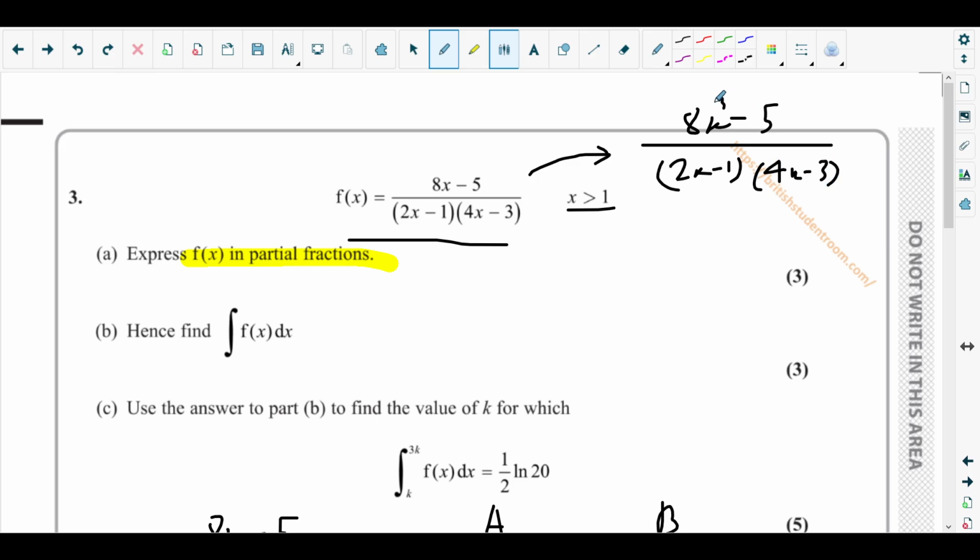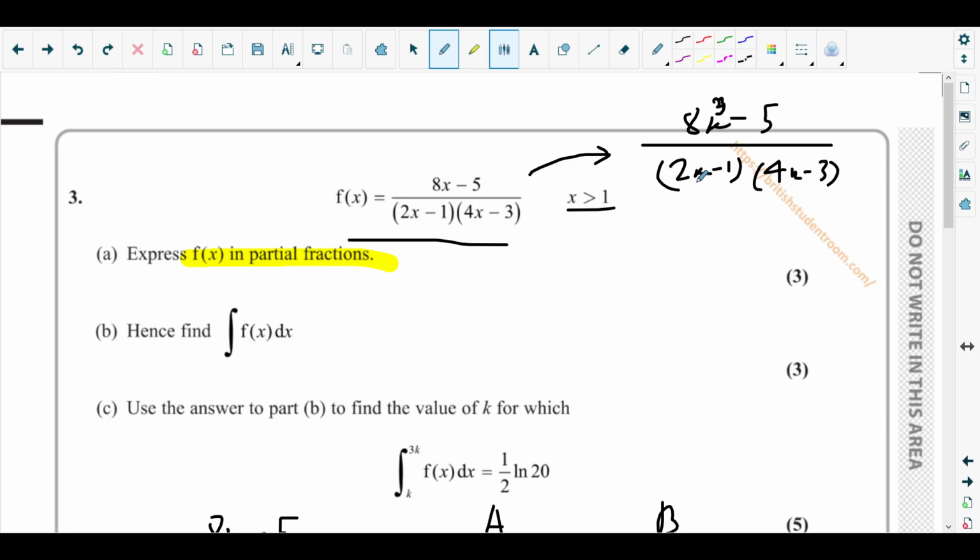The power of the numerator is greater, so this is called an improper fraction.